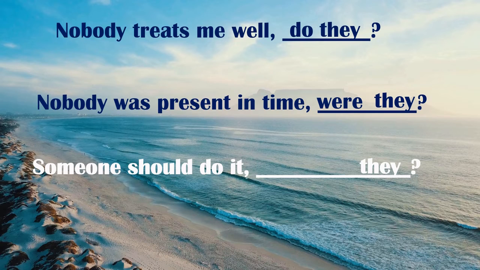So we are taking should to the tag. The sentence is positive. Someone is not a negative word. So the sentence is positive, so we should make our tag negative, that is shouldn't they. Someone should do it. Shouldn't they?